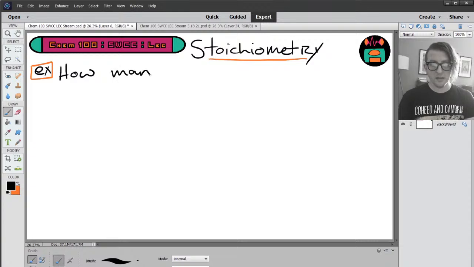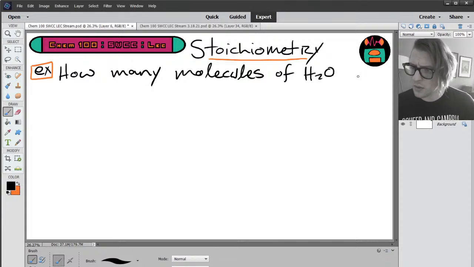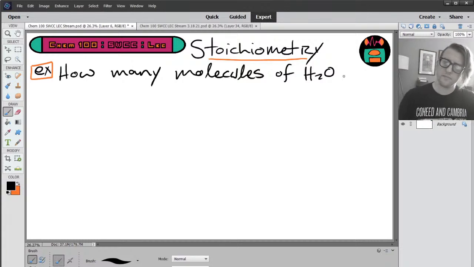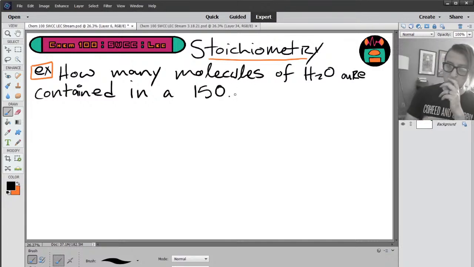How many molecules of water are contained in a 150.00 milliliter sample.